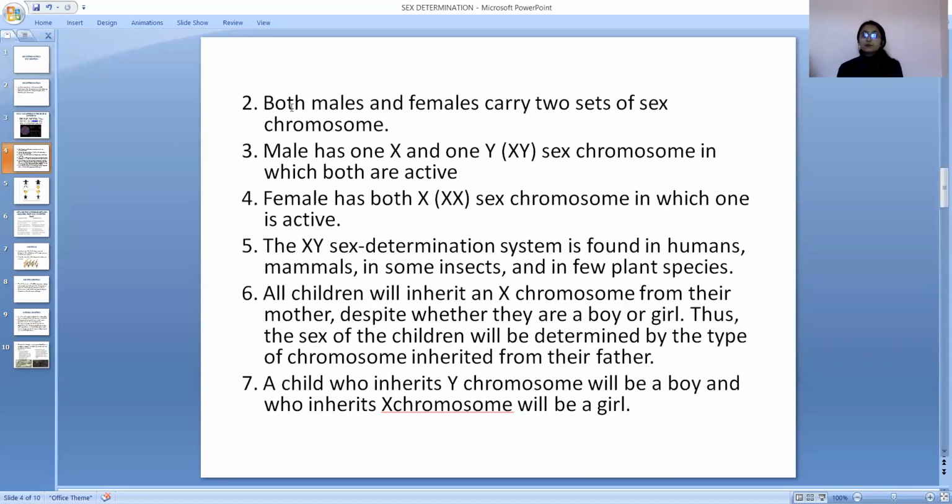So both male and female carry two sex chromosomes. I already talked about it in the last slide. Male has one X chromosome and one Y chromosome.